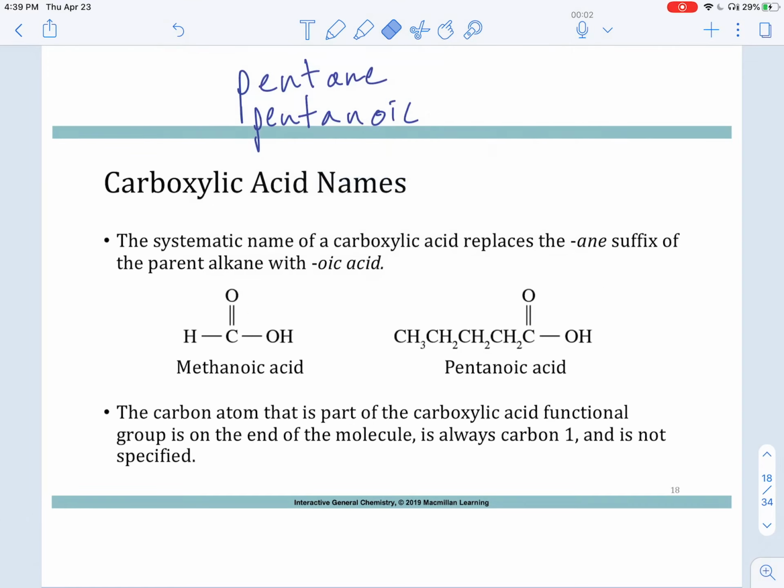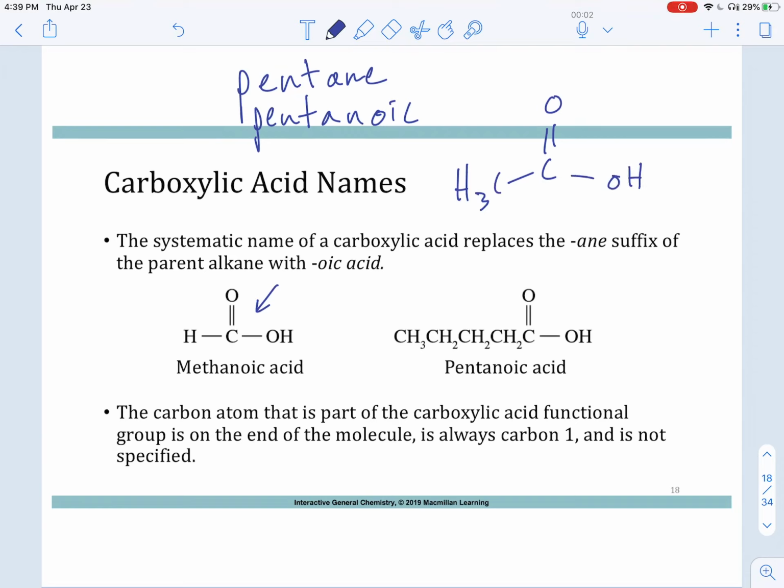So this is the smallest one, methanoic acid, similar to acetic acid. Remember, acetic acid is not the correct systematic name. Acetic acid is this.